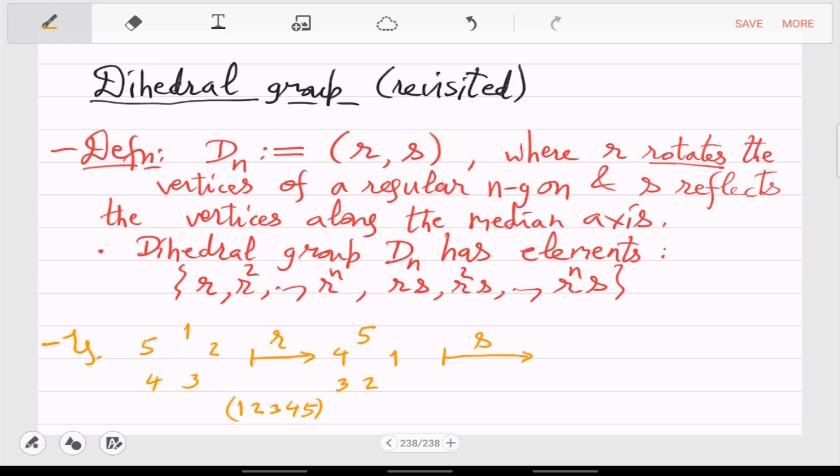If we do S on this, the median axis I want to pick is this one. So if I reflect along this, then 5 will not change, and you will get 4, 1, and 3, 2. This is the action of S here.